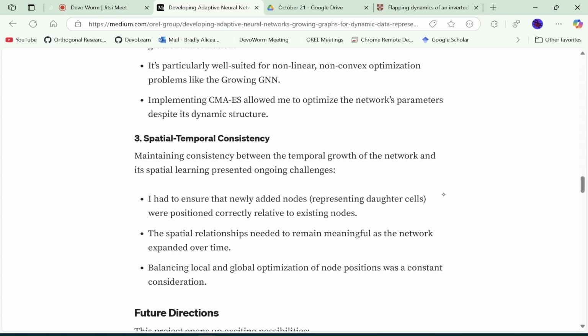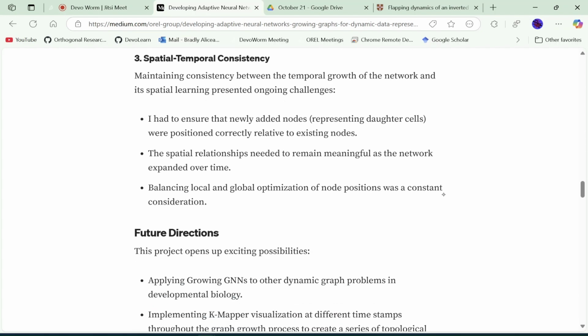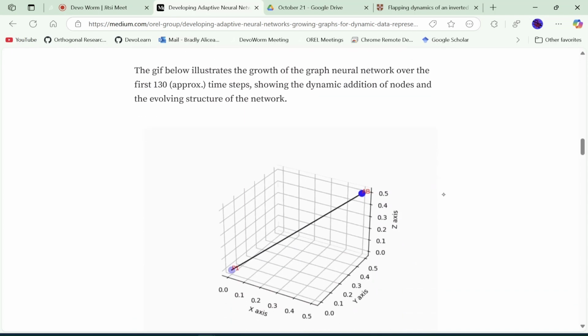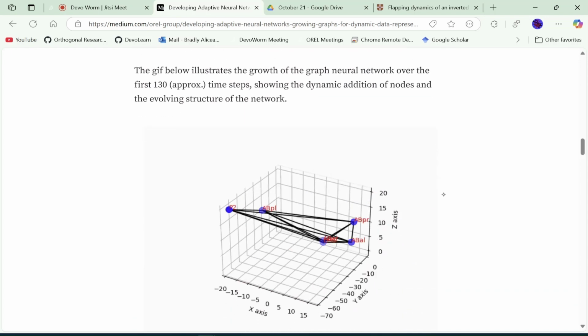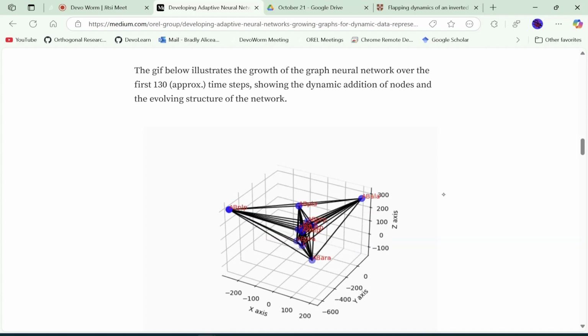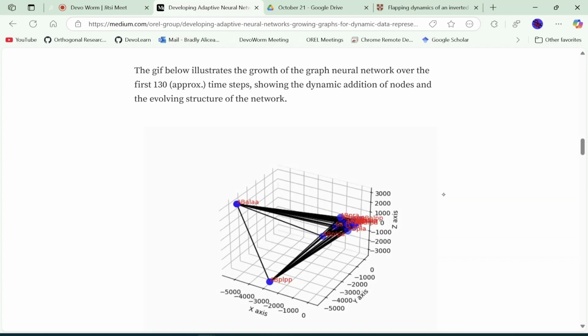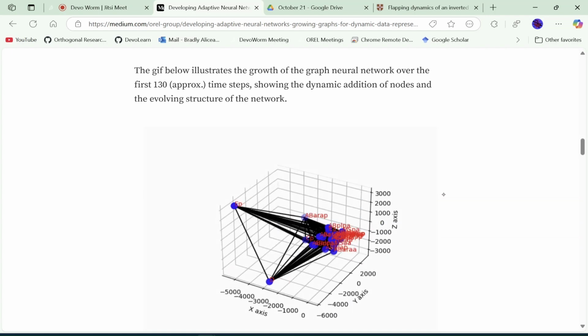And then finally, balancing local and global optimization of node positions was a constant consideration. This is where we're visualizing this network, and the network was constantly changing its orientation, so it's hard to see how well it's doing and hard to see the relationship between cells, or nodes in this case. That's a major challenge as well.